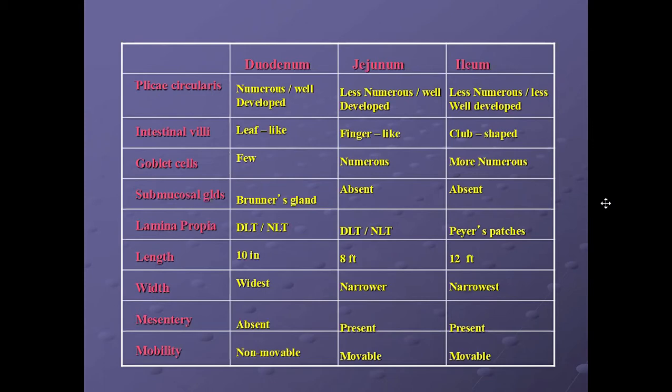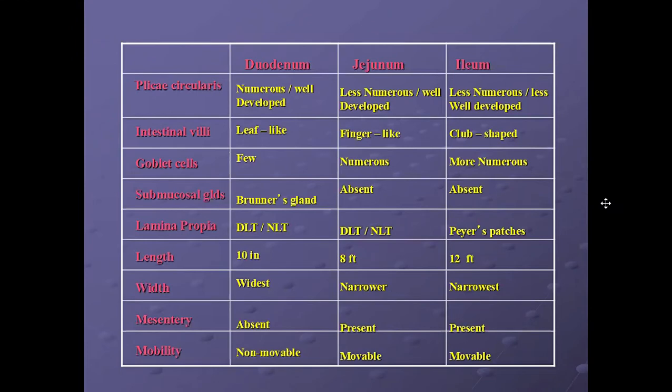Submucosal gland: in the duodenum, you find Brunner's gland. In the jejunum, absent. In the ileum, submucosal glands absent. So you find only Brunner's gland in your duodenum.